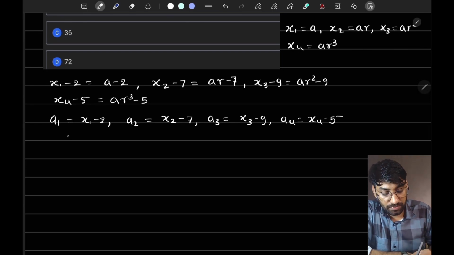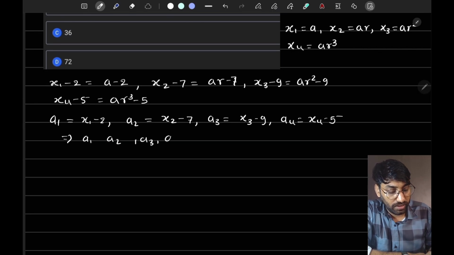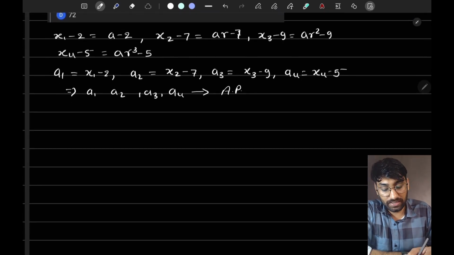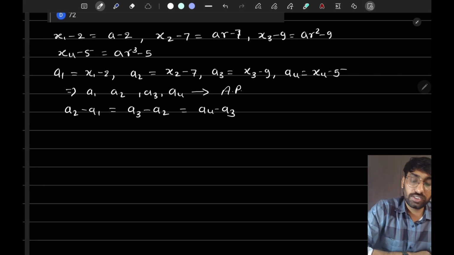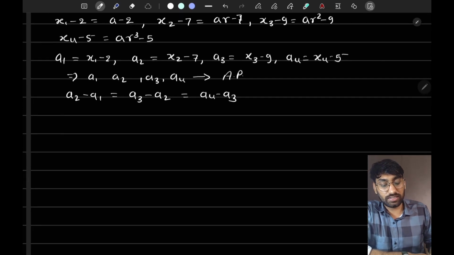This implies that A1, A2, A3 and A4 are in AP. If they are in AP, they will have a common difference. It means A2 minus A1 will be equal to A3 minus A2 will be equal to A4 minus A3. Understood this idea? Correct? So let's write that down.